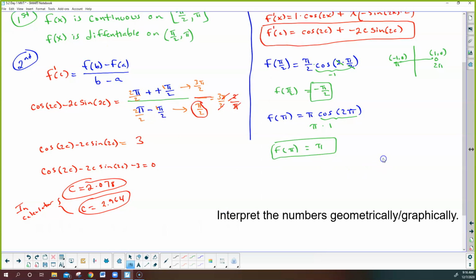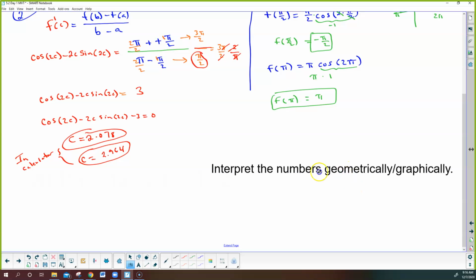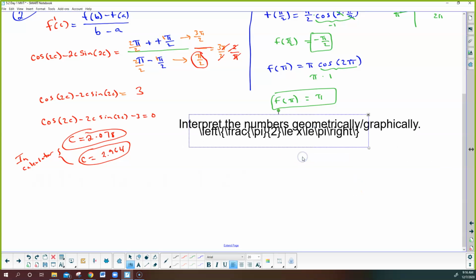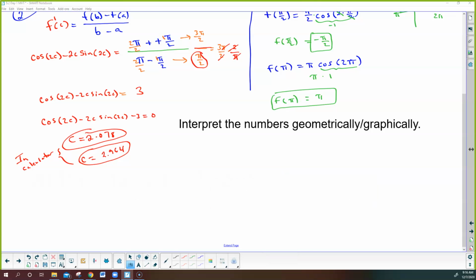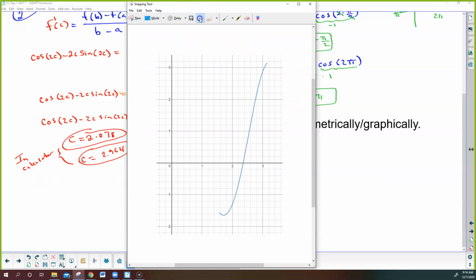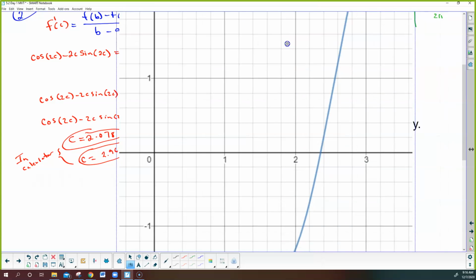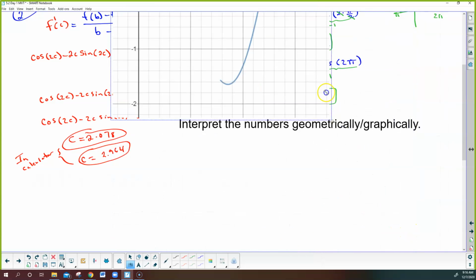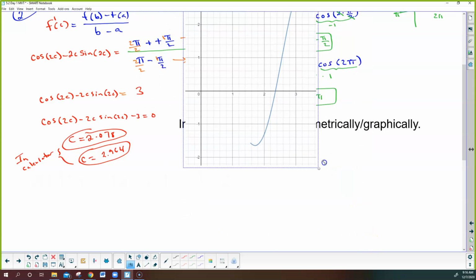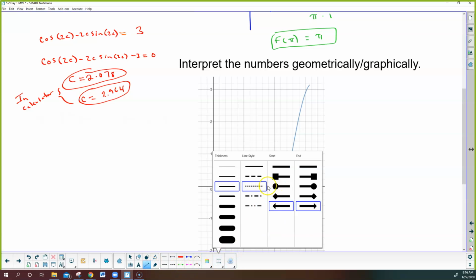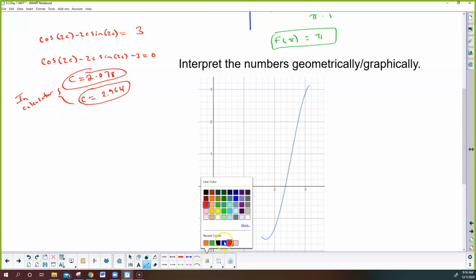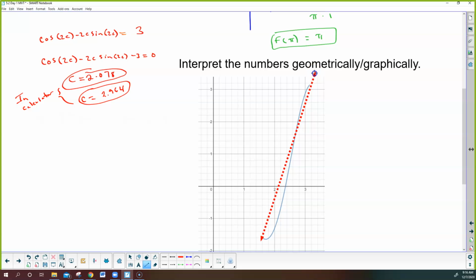Okay, so I'm just going to confirm this graphically or geometrically. So let's look at this, just what did we do? I think it's an important piece to see it visually. I connect the two endpoints of this graph right there.